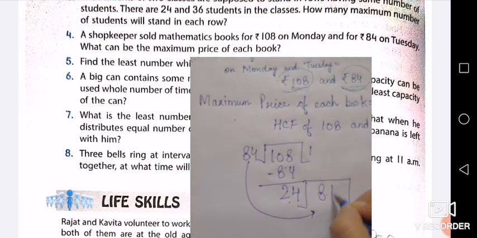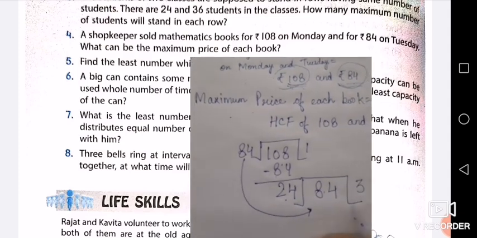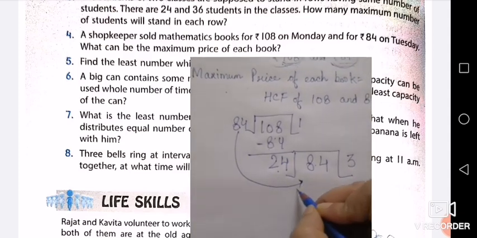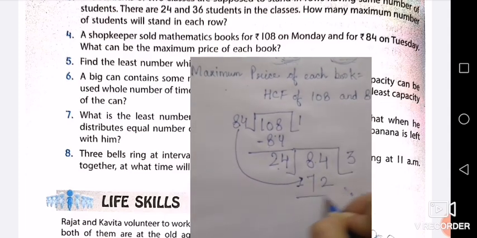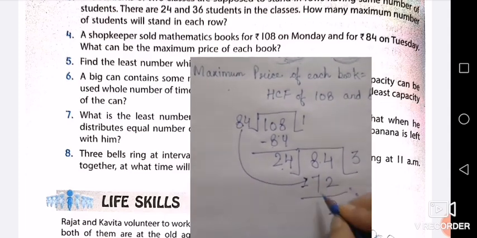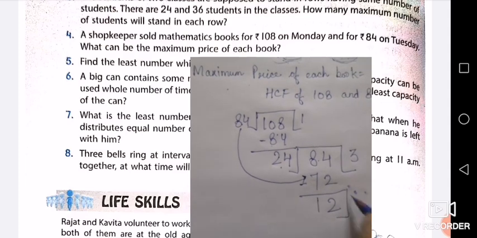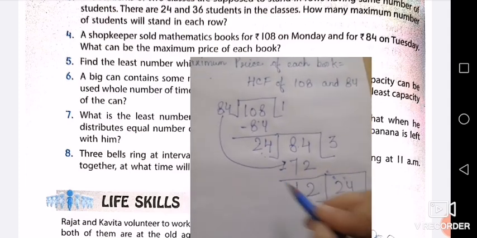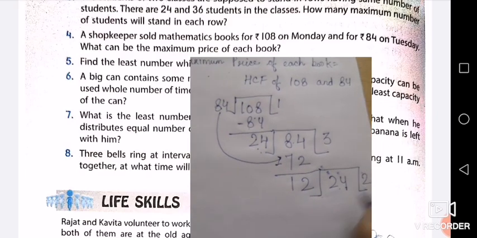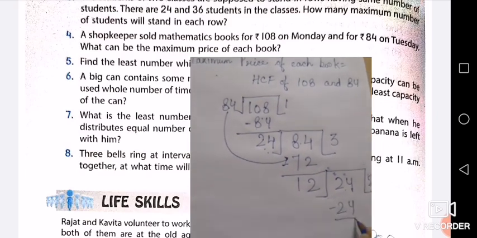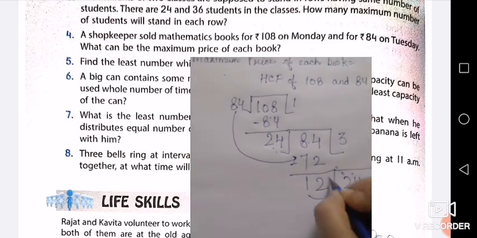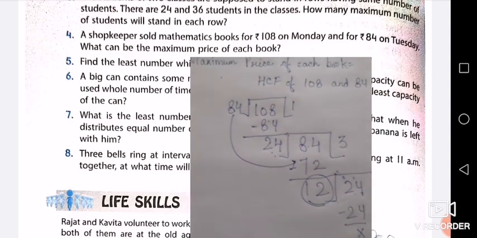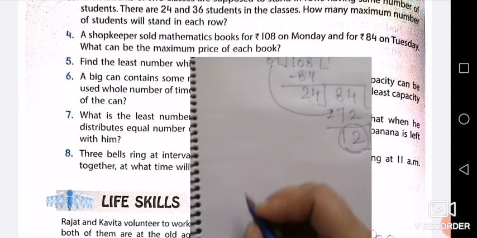So it will come inside. 3s are 24, 3s are 72. Do the subtraction here, 2 and then 1. Now it will be divided by 24. This divisor will become the dividend. 2 times it will be 24. So now the divisor which gives you 0 as a remainder, that divisor will become your HCF.